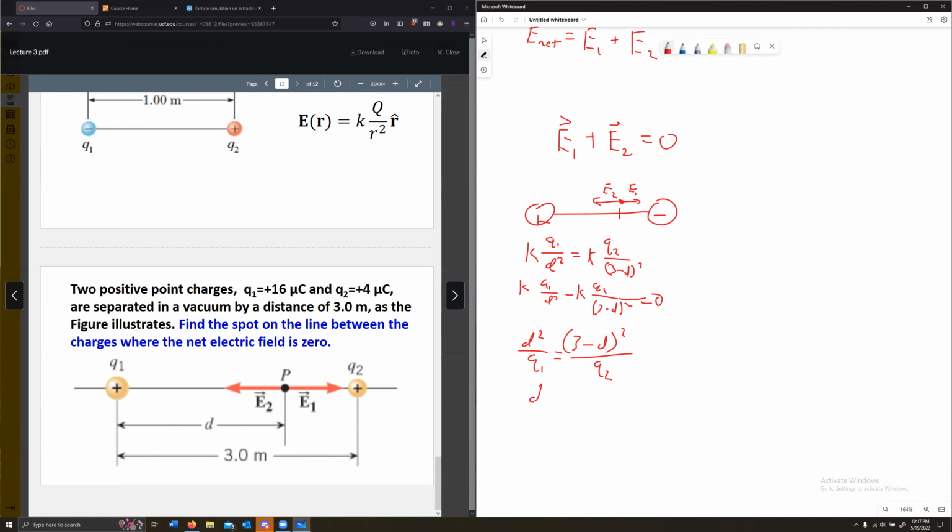Because then you just square root everything. So then you end up with D and then square root of Q1, 3 minus D over square root of Q2. Then he splits it.